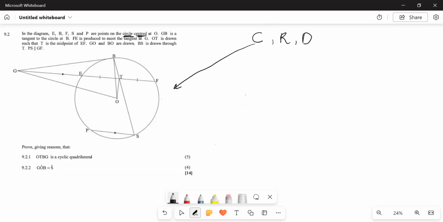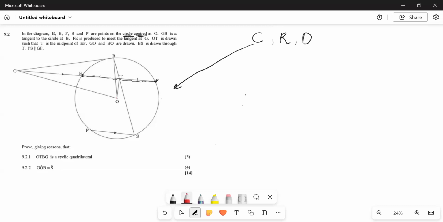So if you can check there, we have our chord from E till F. That's our chord, right? And then now let's look for a radius. A radius is a line from center to circumference. So we have a line from center. Let me use a different color.